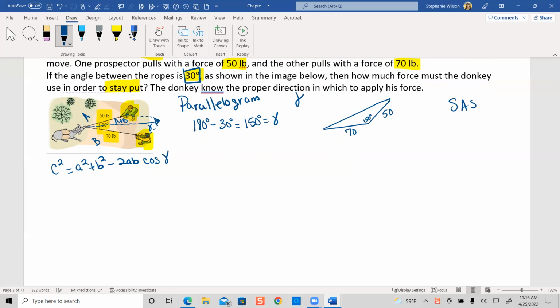I know what a and b are, so we're just going to plug in everything we know. So it's going to be 50 squared plus 70 squared minus 2 times 50 times 70 times cosine of 150 degrees. All right, so when I type this in my calculator, I'm going to go ahead and square the 50 and the 70 and add them together.